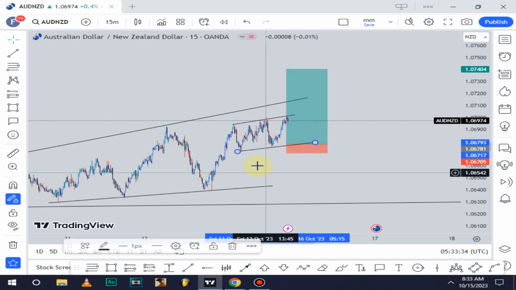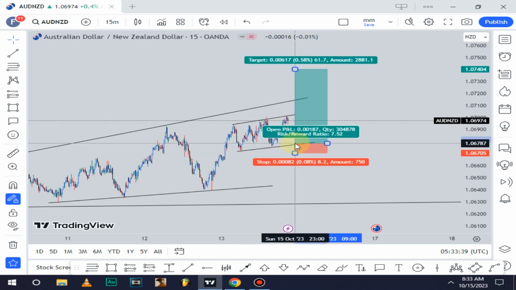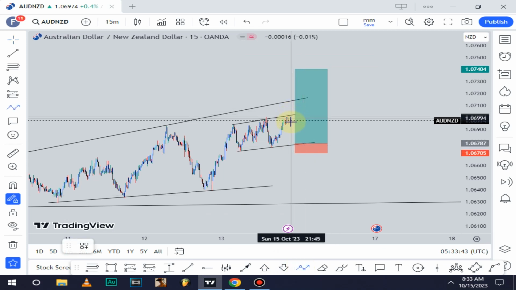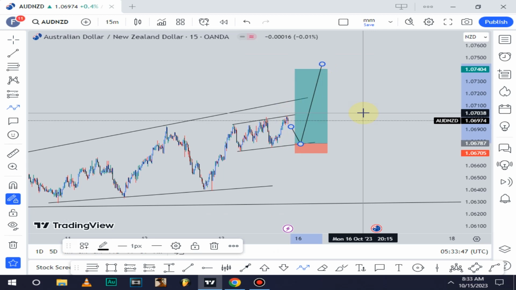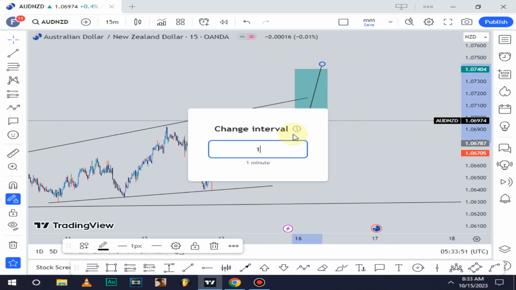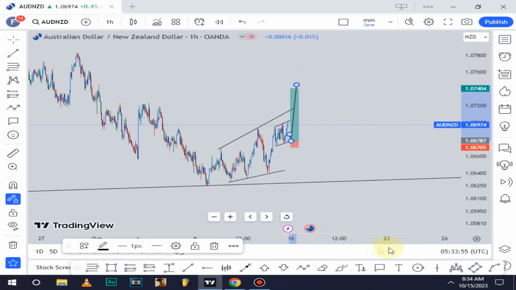So we have 1, 2, probably the third touch. That is where we should be having some sort of impulse movement. I need this touch over here, and then of course it's a swing, so we just have to hold our trade all the way up, baby.